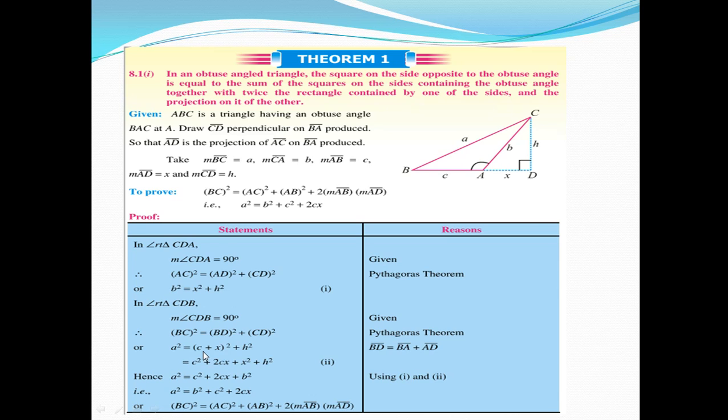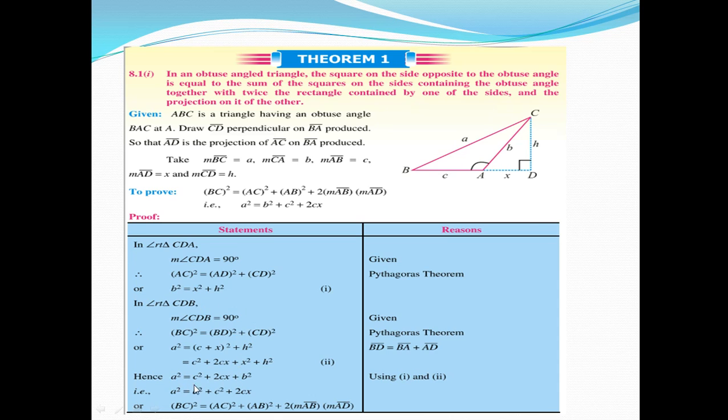Solve c plus x whole square, then we get c square plus 2cx plus x square plus h square. Then x square plus h square is equal to b square. Put the value, x square plus h square is equal to b square.